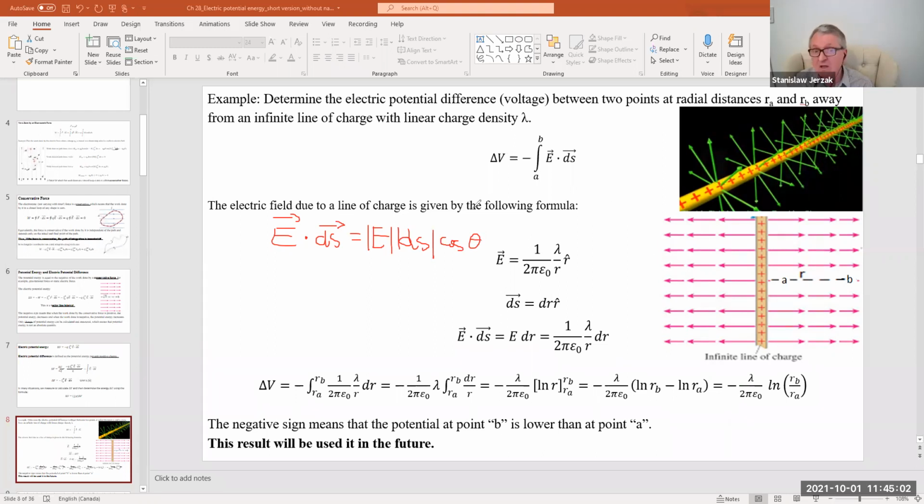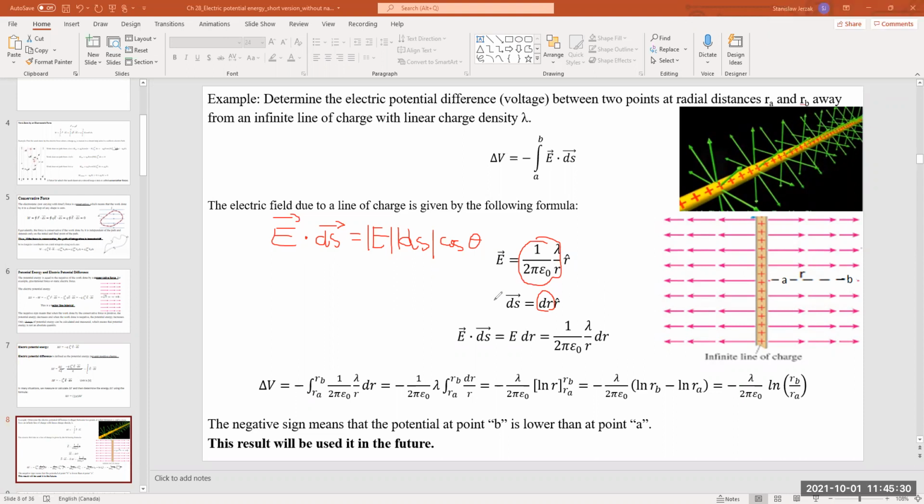In my case that angle is 0, so cosine of 0 is 1. So I multiply E and ds. That's how I evaluated the dot product. The magnitude of E is that much, the magnitude of ds is that much, dr. I call it dr because the integration will be along the r direction. And that's how the unit vectors disappear.